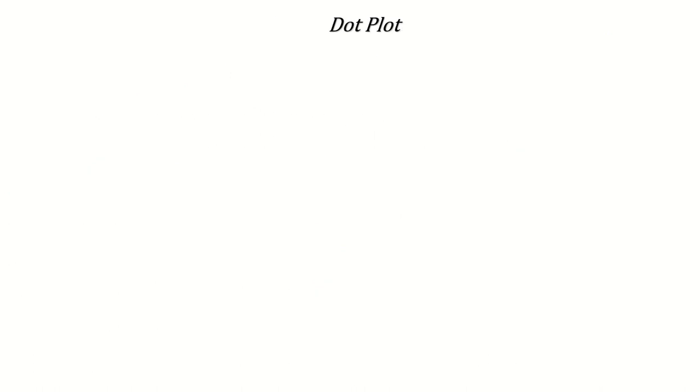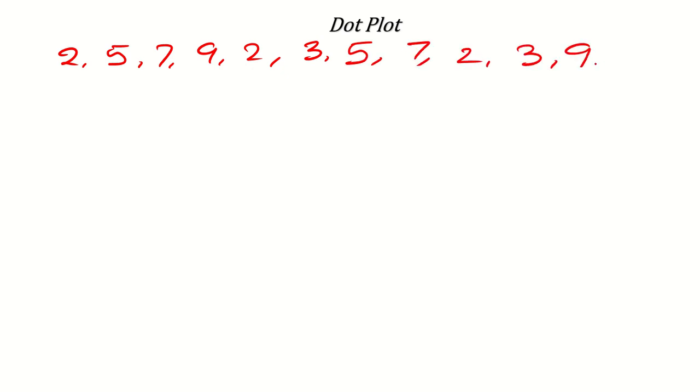Okay, now next can be dot plot. Now for a dot plot, some numbers will be given to you. For example, 2, 5, 7, 9, 2, 3, 5, 7, 2, 3, 9, like this. First of all, you see 2 is repeated how many times? 1, 2, 3, 3 times.